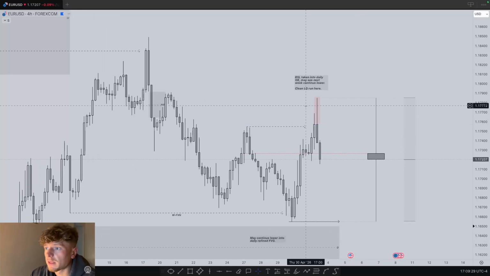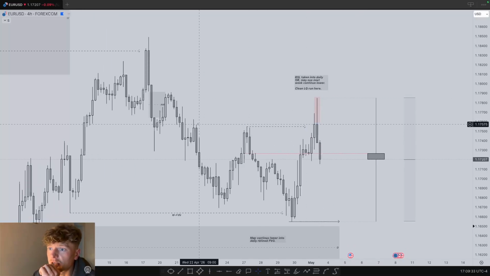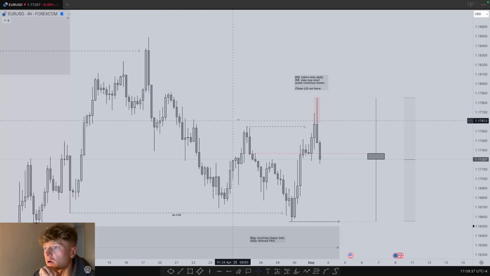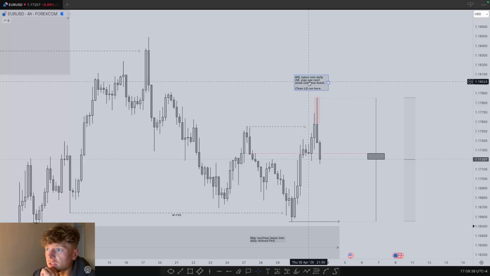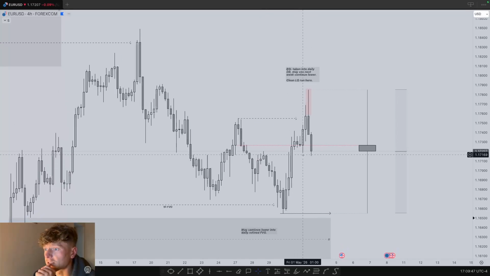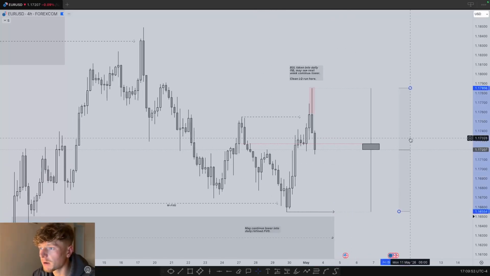So yeah, clear manipulation on Friday, taking out one high, two highs into what we have over here as the daily order block. Buy side liquidity taken into daily order block, may see next week continue lower. Clear, clean liquidity run here. So like I said, potential to come lower towards the sell side and daily refined fair value gap, in my opinion, next week.